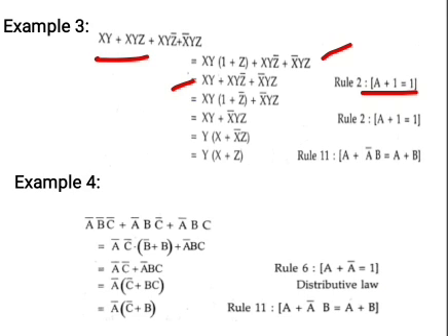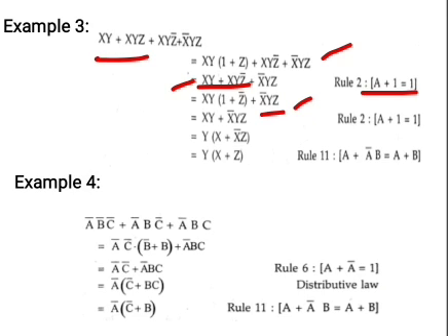Next, I am taking the common in these two, I mean xy into 1 plus z complement, plus x complement yz. You know, xy into 1 plus z complement equals xy. So xy plus x complement yz.